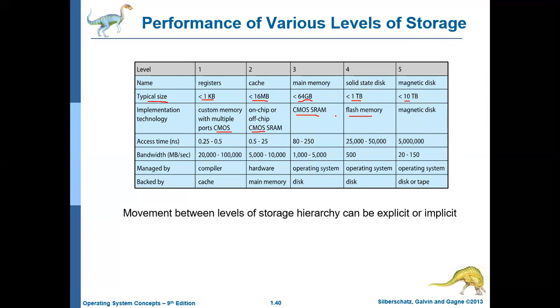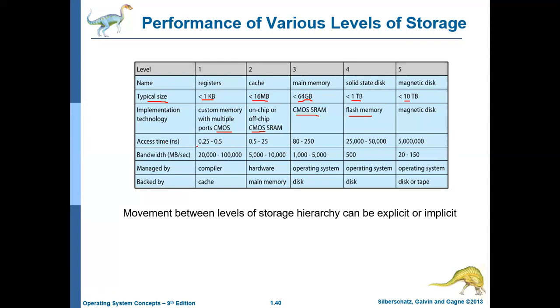Flash memory is similar to the pen drive; the pen drive is also made up of flash memory. Magnetic disks are coated with magnetic oxide. CMOS stands for complementary metal oxide semiconductor. So basically registers, main memory, and cache memory are one or other form of CMOS technology.